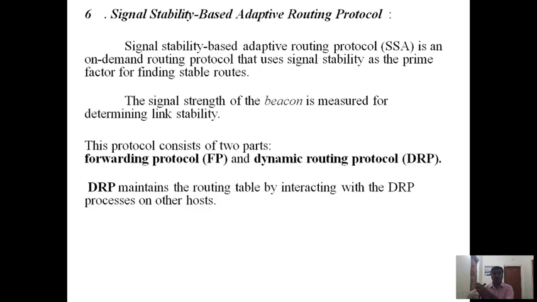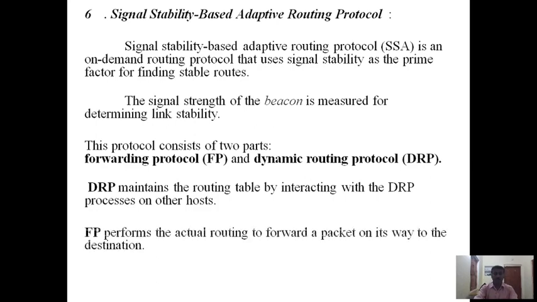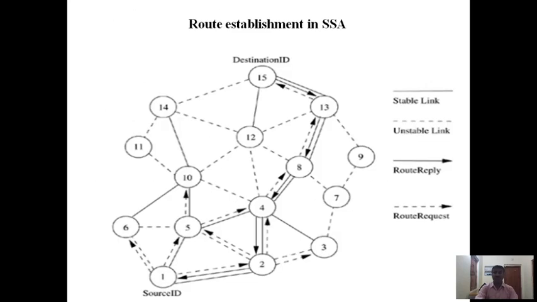That is the main usage of DRP. Then what is meant by FP? The forwarding protocol performs the actual routing, forwarding a packet on its way to the destination. Forward the packets. So this is nothing but route establishment in signal stability based routing protocol.